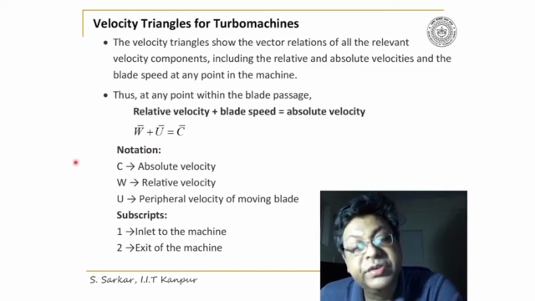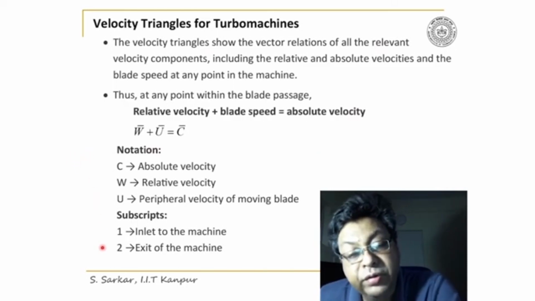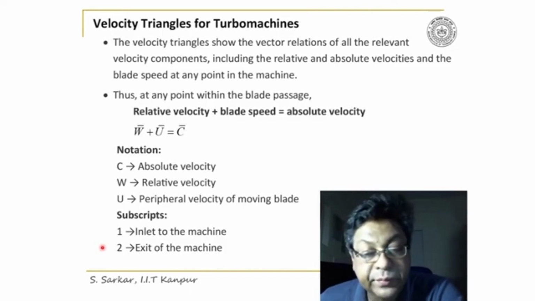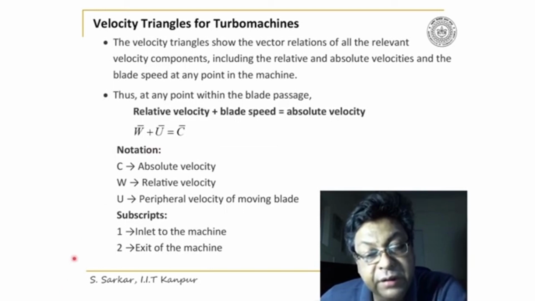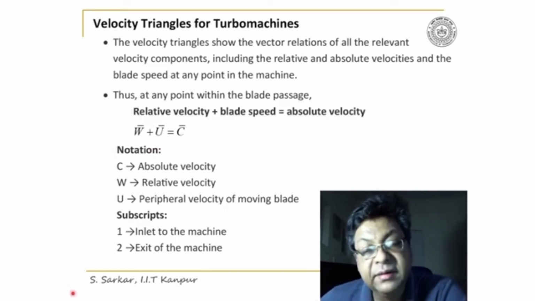where I have used the following notation: C as absolute velocity, W as relative velocity, and U is the peripheral velocity of the moving blade, and 1 is the inlet to the machine and 2 is the exit from the machine.